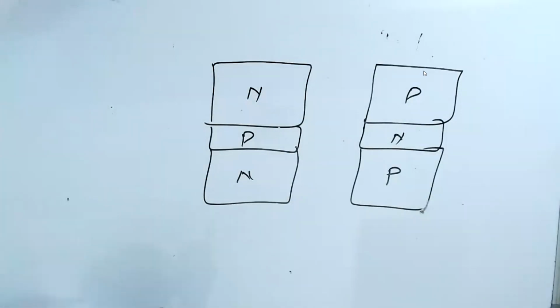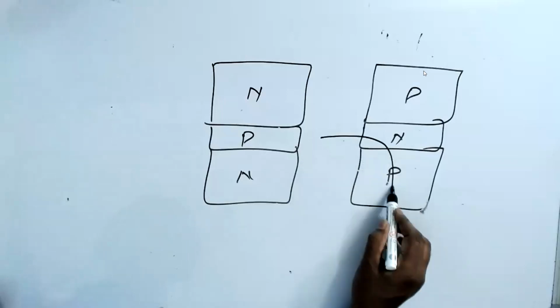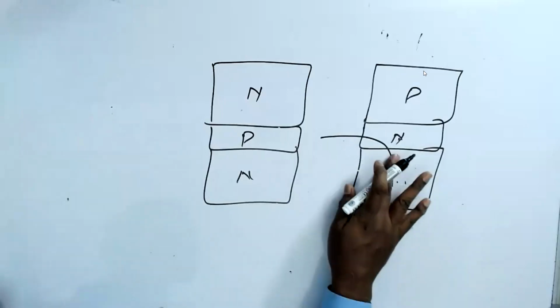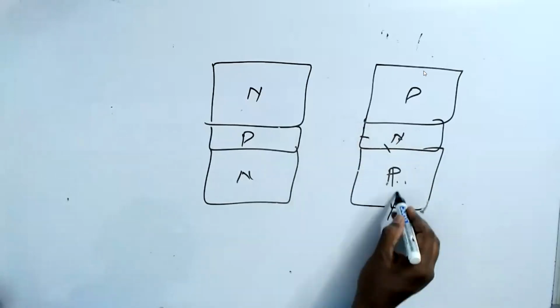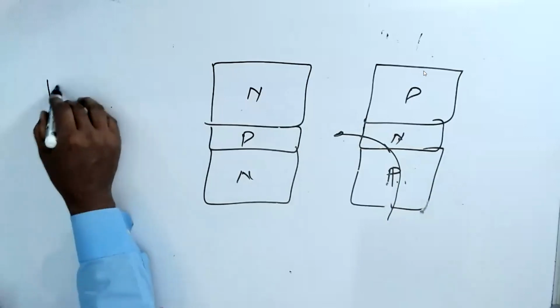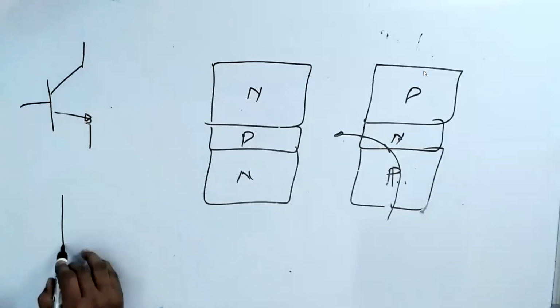But the problem here is, in this case, the base current will not flow like this because this is P and N. So the trick is that you flow in the opposite direction. That's why we draw like this. Two types of transistors.